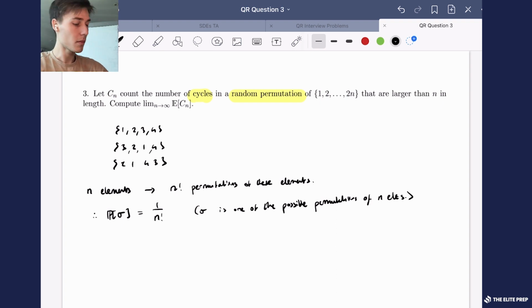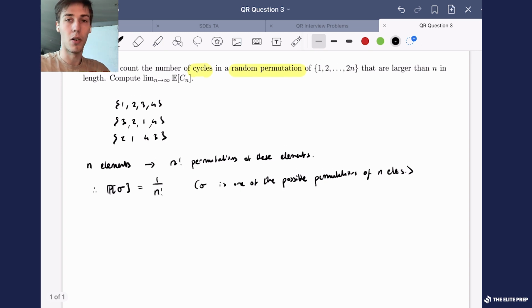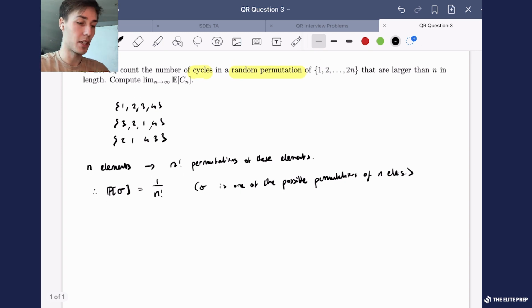Okay, now that we know what a random permutation is, we should introduce a cycle. A cycle is a subgroup of the elements of a permutation which form a cyclic permutation amongst themselves. It's easier to just draw an example of that because it's much more intuitive than trying to describe it in words.